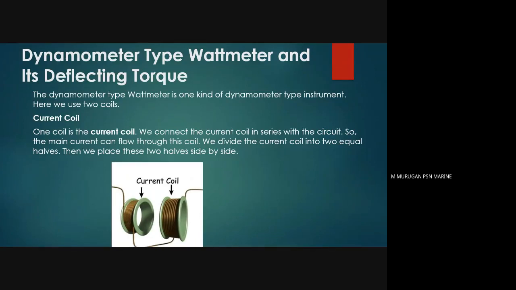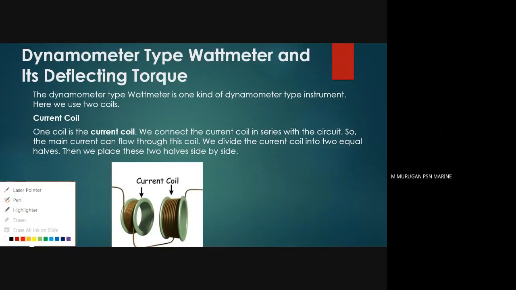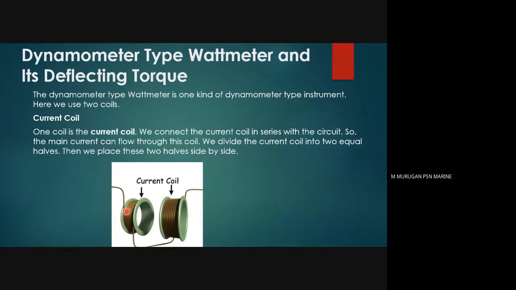In this diagram they have mentioned the current coil. So this is the current coil, and we are using this current coil in a series manner. If we are measuring the current value of the supply, we connect that particular coil in series connection.